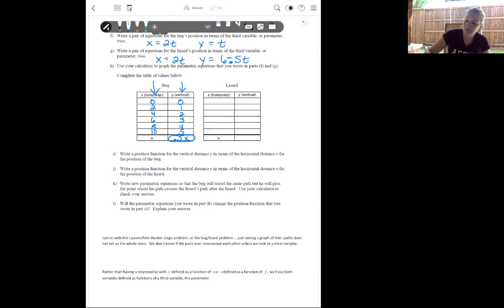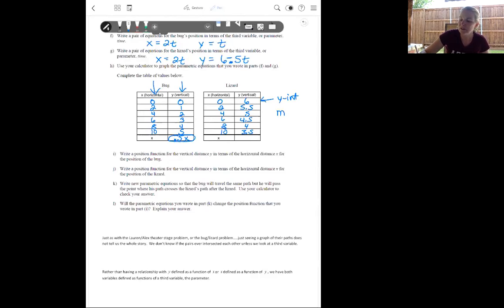For lizard, my x values were 0, 2, 4, 6, 8, 10. And my y vertical values, 6, 5.5, 5, 4.5, 4, 3.5. This time when I write the y equation in terms of x, we have a little bit of work to do. We know what our y-intercept is, but I need the slope.